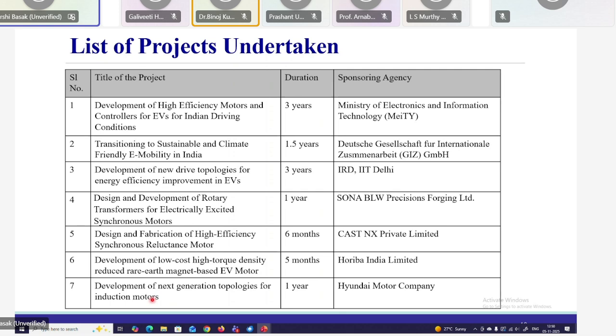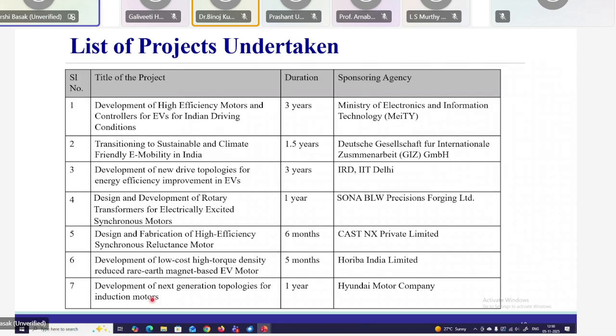Those who are interested to work on induction motor drives are welcome to join our lab, and we will be floating advertisements soon. We have opportunities for PhD students as well.